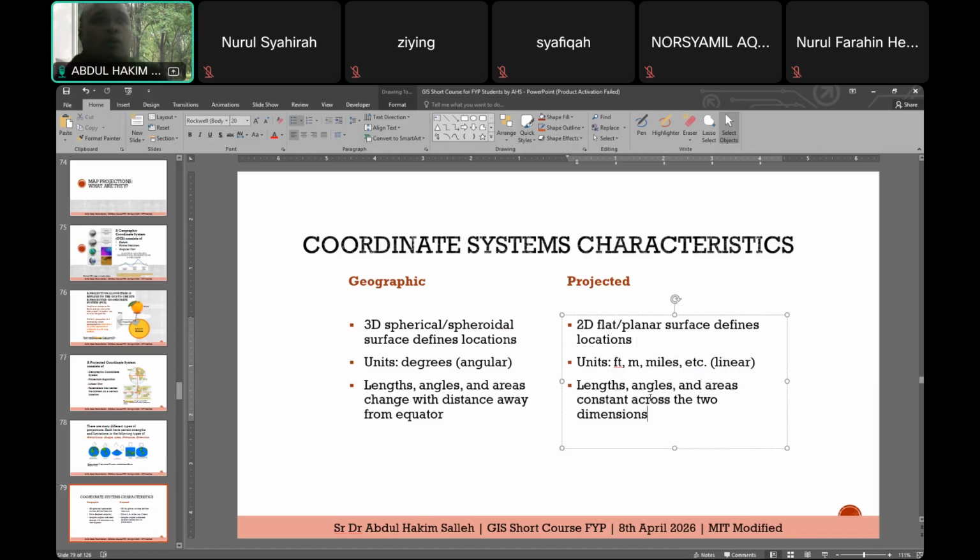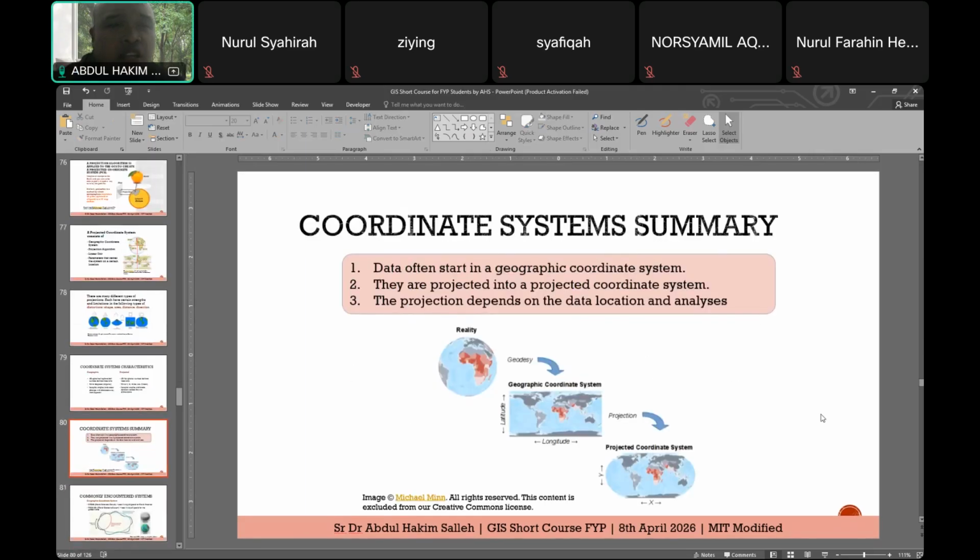It actually holds the best lengths, angles, and areas of the country. That's why there are a lot of types of projections, and these actually help to represent the country with as high accuracy as possible.